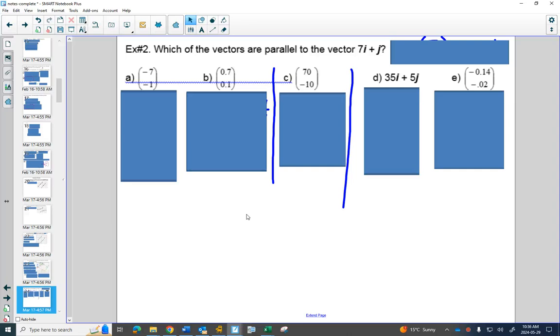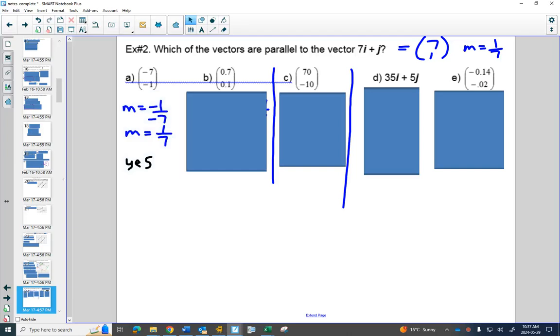Which of the vectors are parallel to 7i plus j? If I write that as a column vector, it has a slope of 1/7. Can you see that a column vector is kind of like a slope vector, but flipped? Instead of rise over run, it's run over rise, because the x is on the top and the y is on the bottom. So if I have a column vector of 7, 1, my slope is 1/7. If I have a column vector of negative 7, negative 1, can you see that your slope is the same?